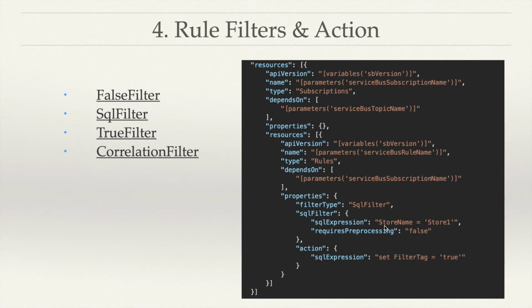The filter condition is, let's say, in your message you might have a property called store name, and if the store name is equal to 1 and required processing equal to false. So what we are saying is, if the store number is equal to 1, then don't process the message, otherwise process the message, something like that. So this is one of the examples.